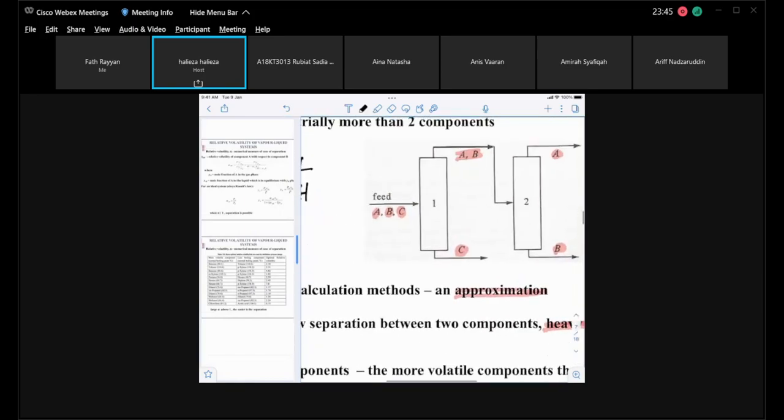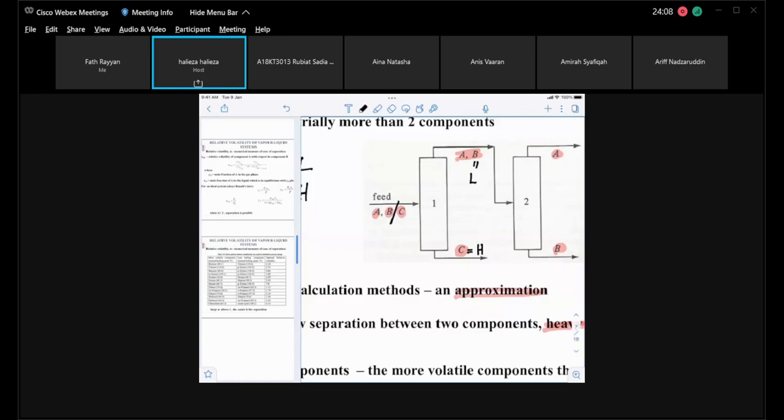If you look at the first column, the split is between C and B. This is the split because A and B are going up, and C is going down in the bottom product. So your heavy key will be C and your light key will be B. That is how you define it.